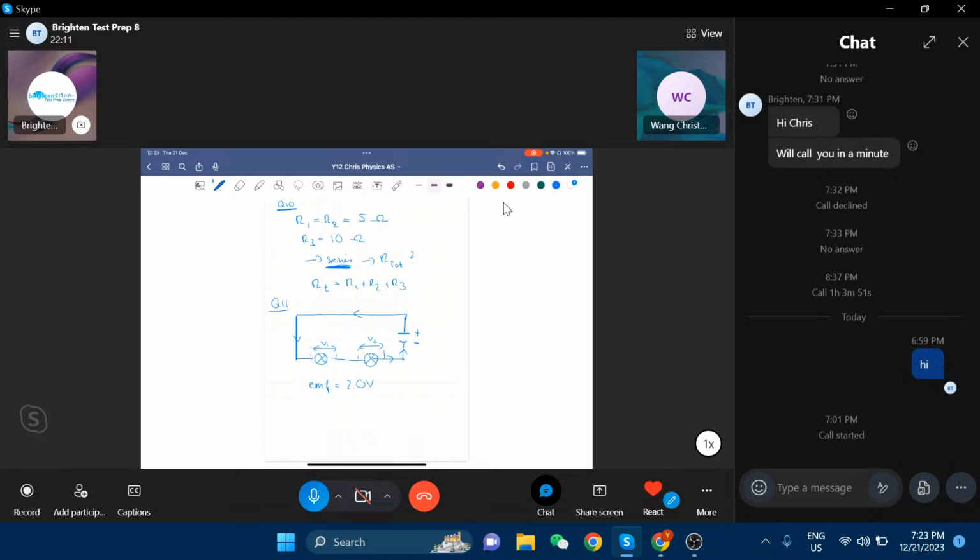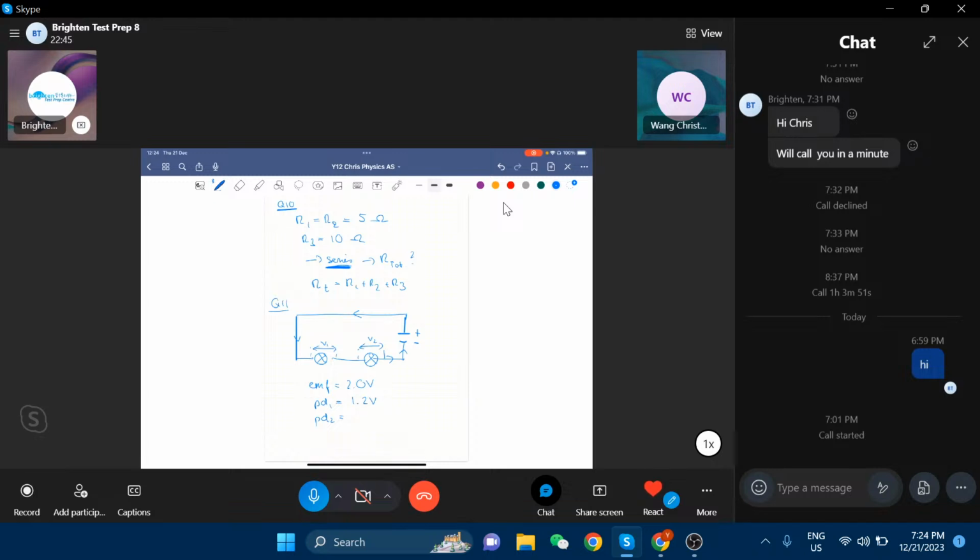And the PD, let's say PD1, it doesn't matter which one it is actually, is 1.2 volts. So what is the PD across the second one? PD2. It will just be 0.8. 0.8, exactly right. So it's really straightforward.